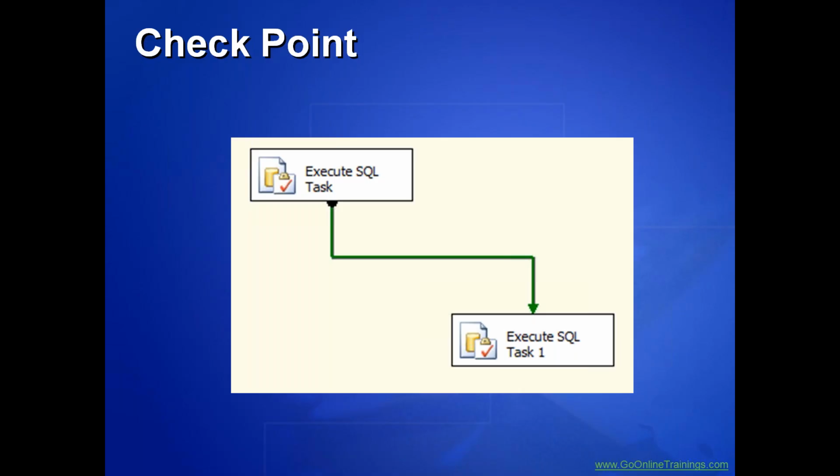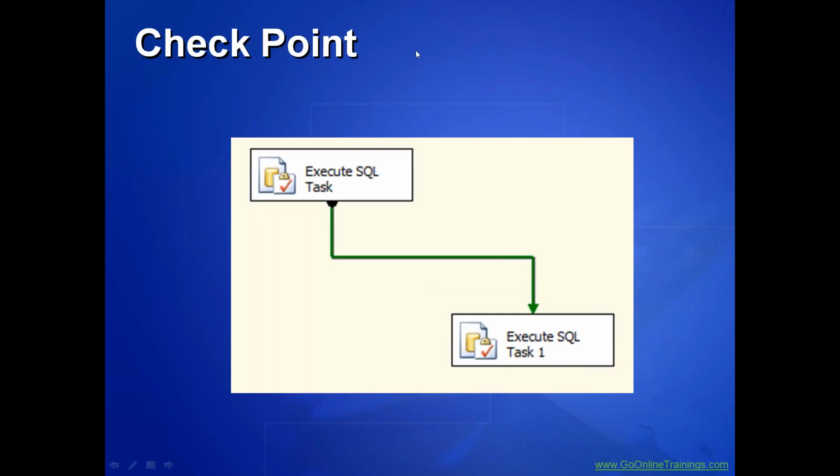If anywhere you get an issue, for example, task number one is executed successfully, the failure occurred in task number two, so I stop it, see the log, and get the error details. I rectify the error, and then I try to execute the package.